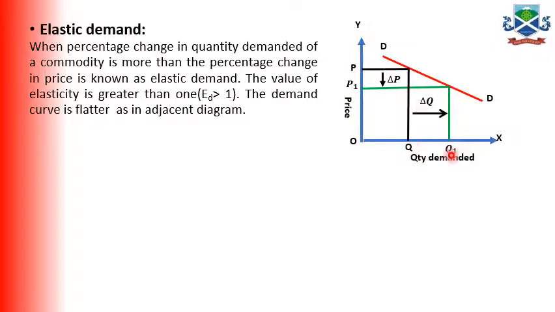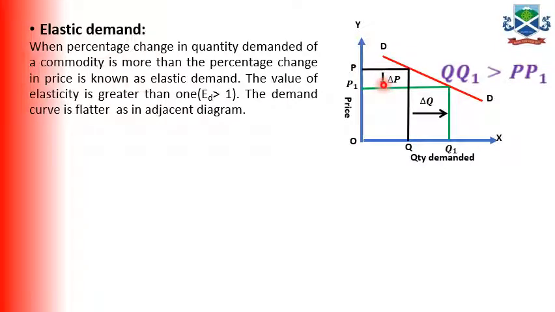Now over here QQ1 is greater than PP1. This is the important part: look at that arrow part, this one is greater than the other part, the price change.